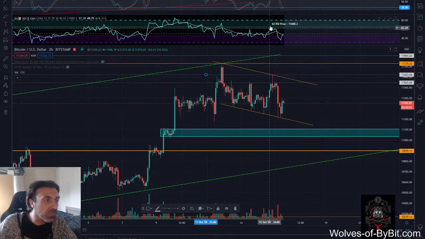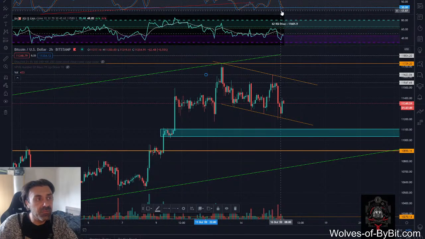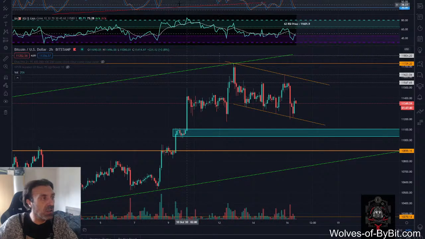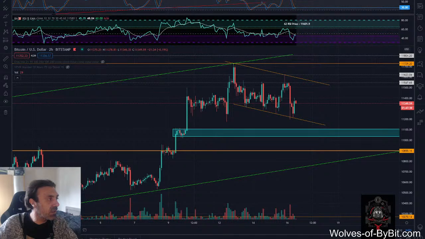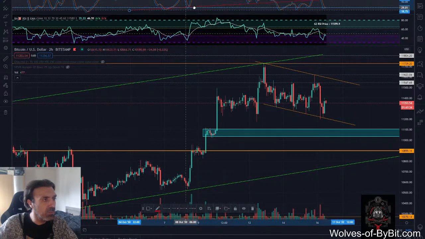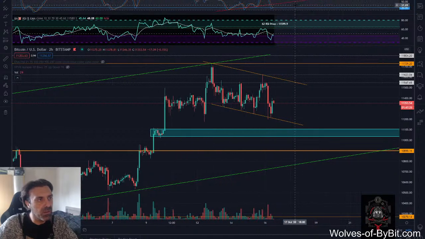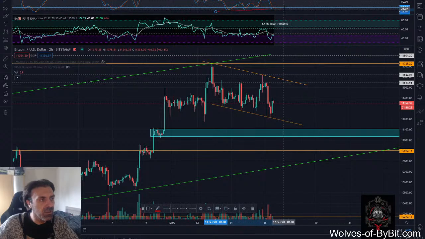Now stochastics are starting to curl back up on the 2-hour time frame. This trend line here doesn't mean a thing anymore, so we're just going to move it up, and we're going to use it in order to map those little retests here.